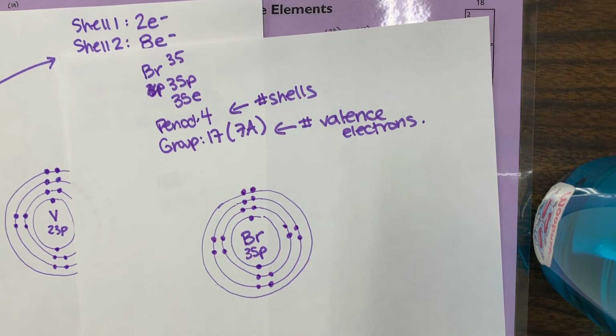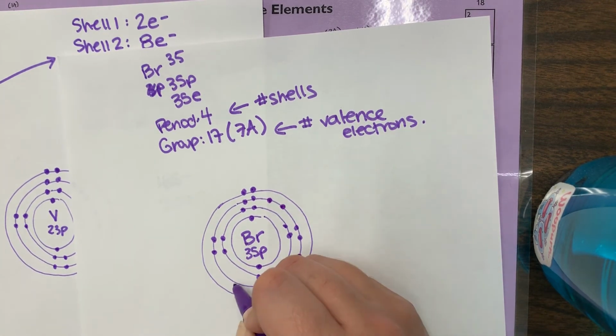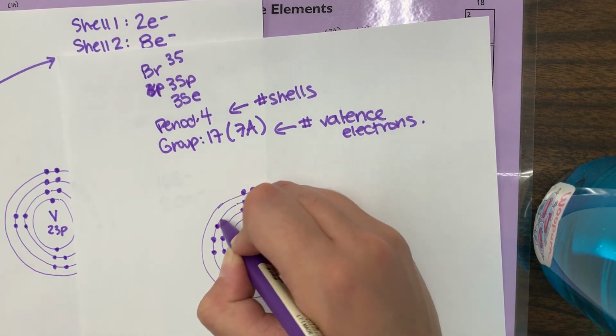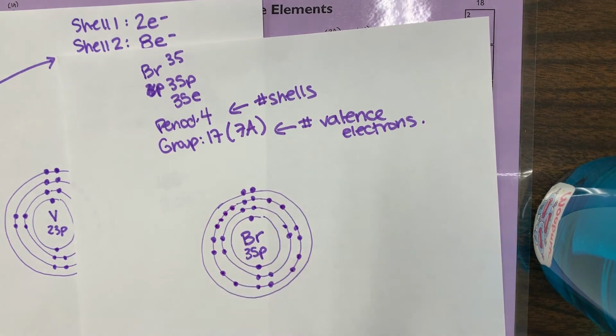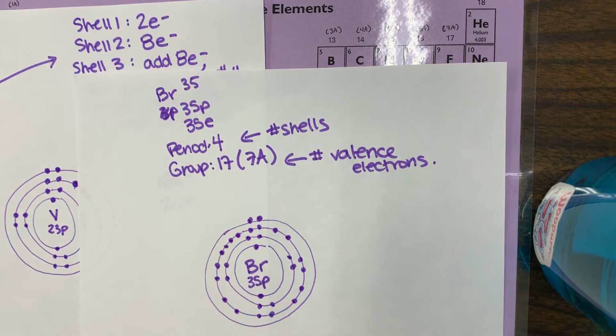Now I can go back and add another 10 to the 3rd shell. So that would get me up to 30 because I have 20 right now. 21, 22, 23, 24, 25, 26, 27, 28, 29, 30. But bromine has 35 electrons, and we're out of room in shell 3. I already have 18 in there.